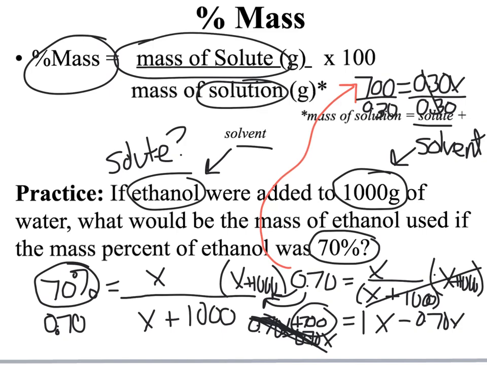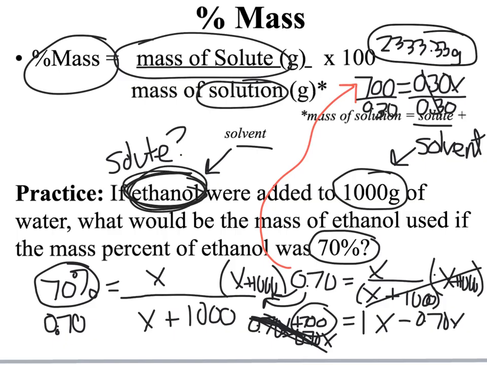And when you do 700 divided by 0.3, that would end up giving you a total of 2,333.33 grams of ethanol. So, even though that was a little sloppy, my apologies, I ran out of room there. The total amount of ethanol that you would have in grams is 2,333.